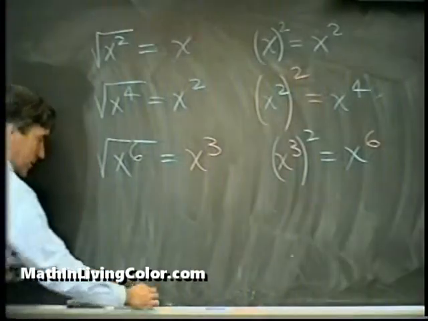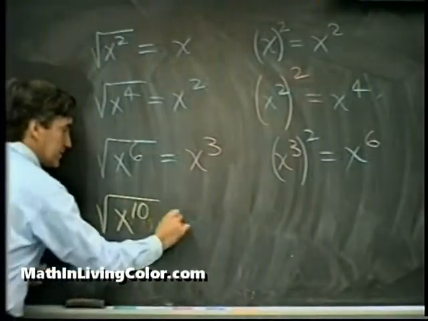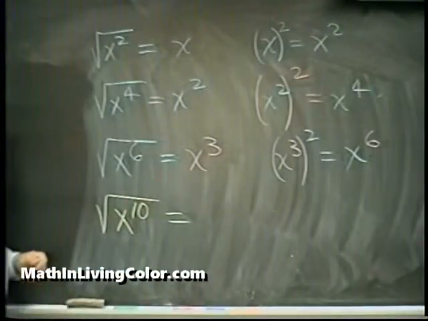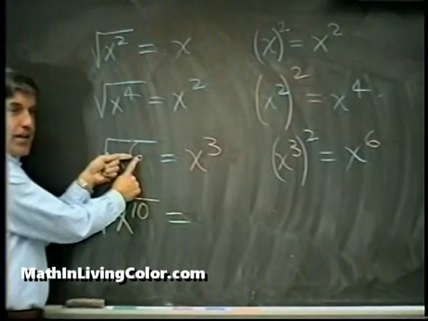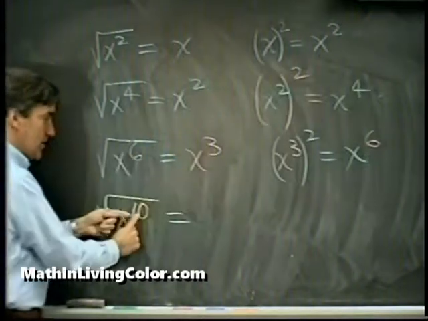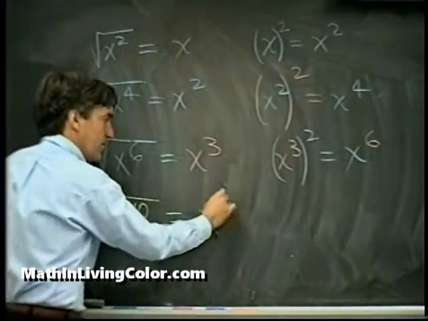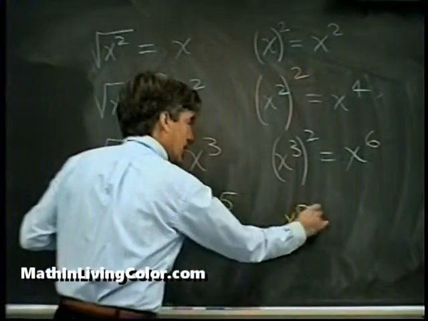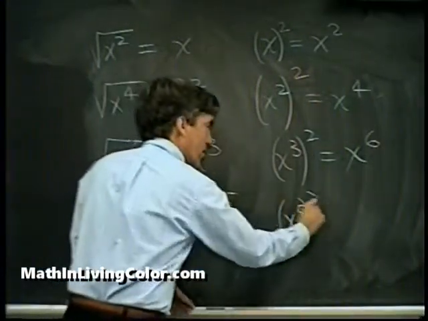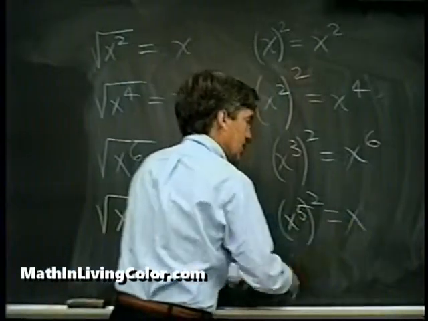Now, one more problem. What about the square root of x to the 10th? Any ideas what that might be? You see, if it was the 6th power, we ended up with 3. If it's the 10th power, we're going to end up with what? X to the 5th. And then the check of that would be to say x to the 5th squared would be how much? X to the 10th, right?